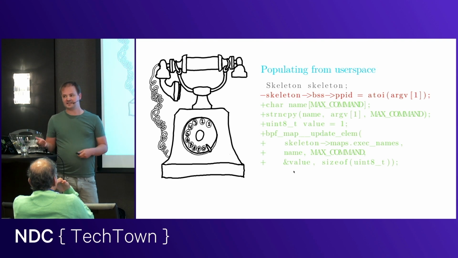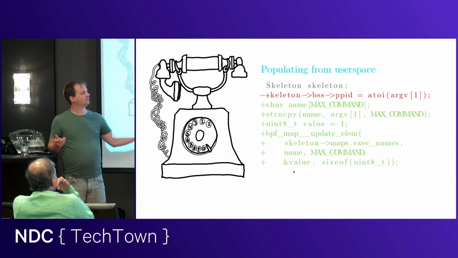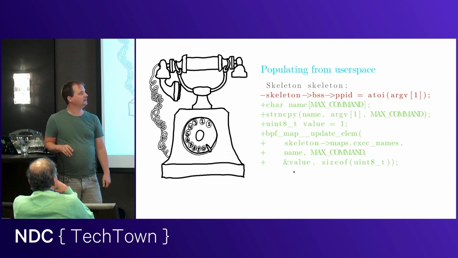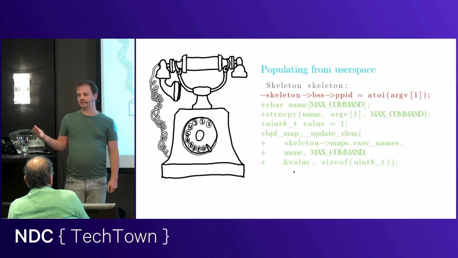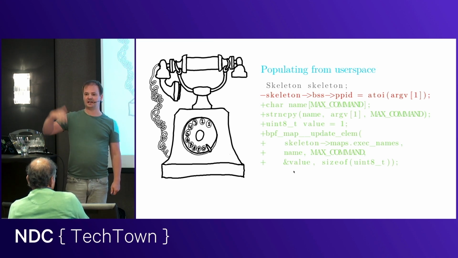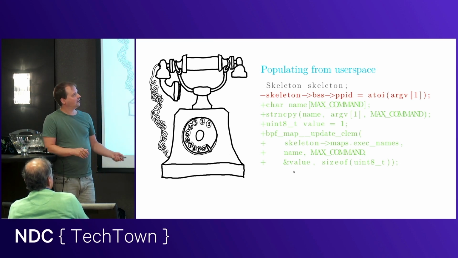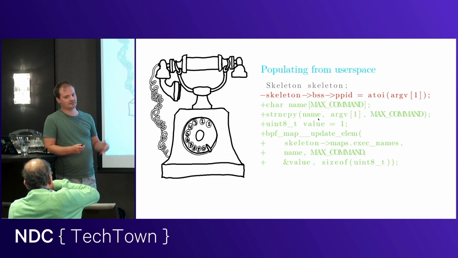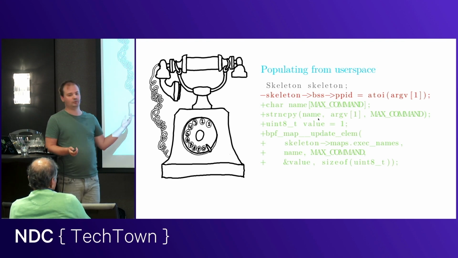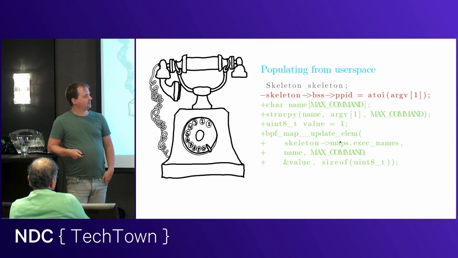And on the user space side, instead of just writing to this PPID, I do the same as I did in kernel space when sending data back up. I copy the string I care about. I set a value. This is uninteresting, so I'm just setting it to 1. And then I update the exec names element.